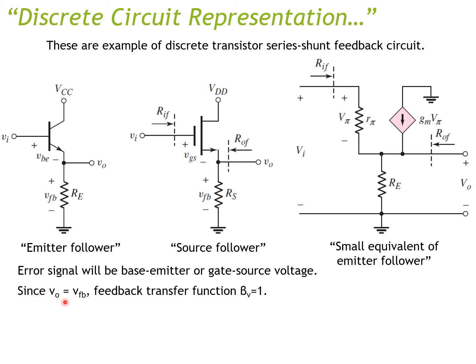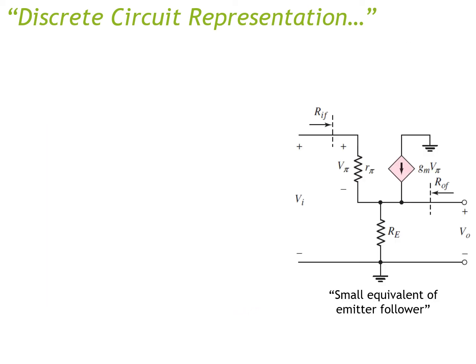Since, if you see here, for both cases, the output voltage is exactly equal to the feedback voltage, the transfer function in this case is going to be 1. So how can we find the closed loop gain and input and output resistance of the feedback amplifier circuit for the discrete representation?